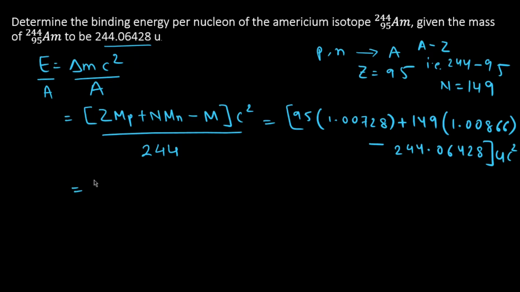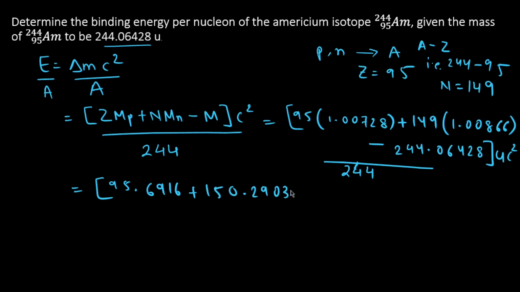Now calculating it, we get 95 and this whole thing divided by 244. So calculating this, we get 95.6916 plus 150.29034 minus 244.06428, and u into c square.